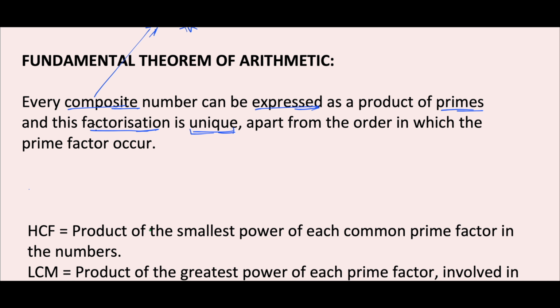To find the HCF, we will do the prime factorization of the given numbers, and we will take the smallest power of each common prime factor. So we have to focus on these words: smallest power of each common prime factor. Common prime factor means the prime factor which occurs in all of the given numbers, and out of all those common factors, we take the smallest power in the given numbers.